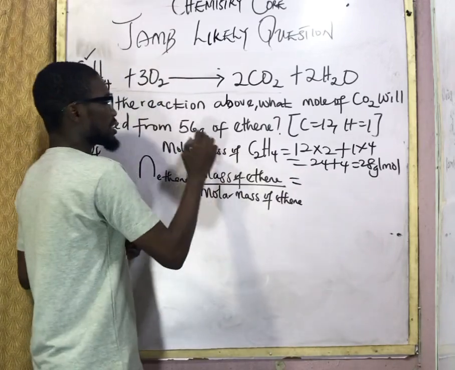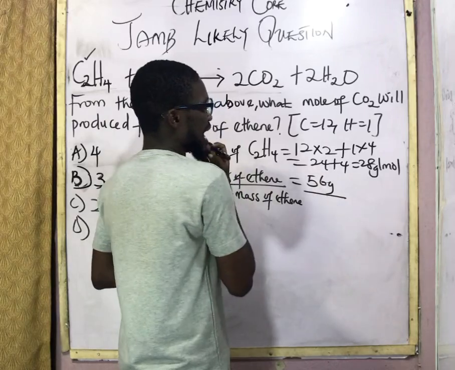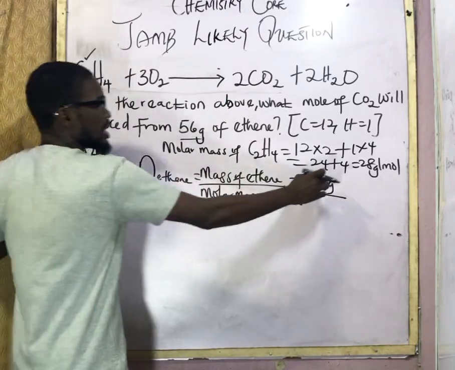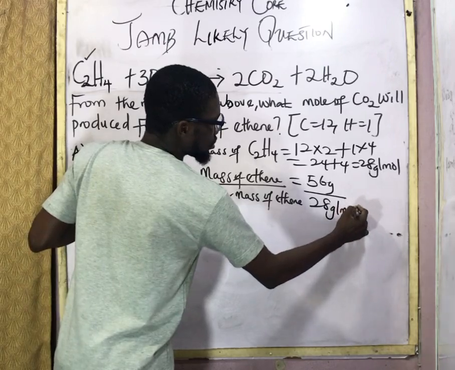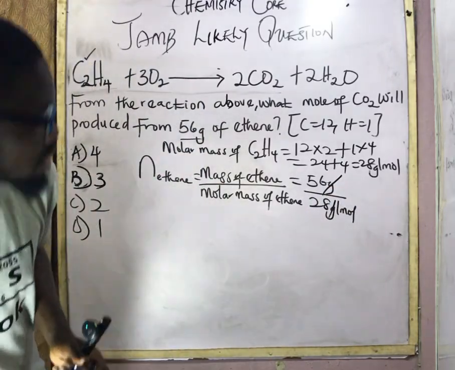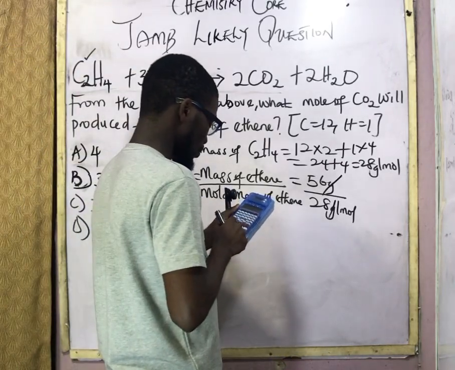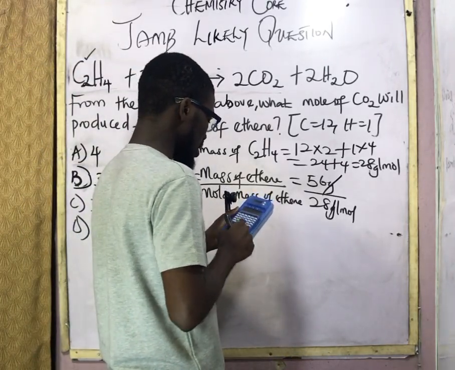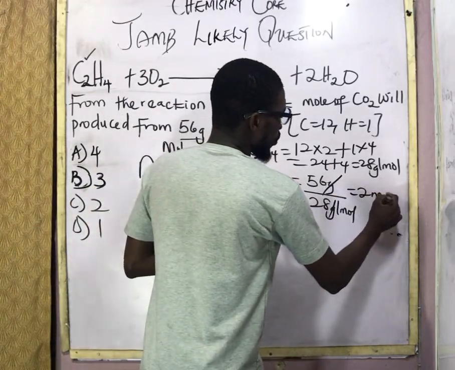So the mass of C2H4 is what? 56 grams. And the molar mass of C2H4 is 28 grams per mole. So the gram will cancel the gram, and we have 56 divided by 28. That will give us 2 mole.